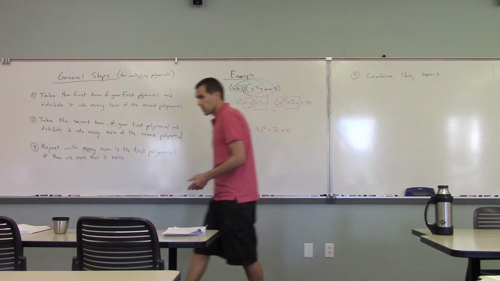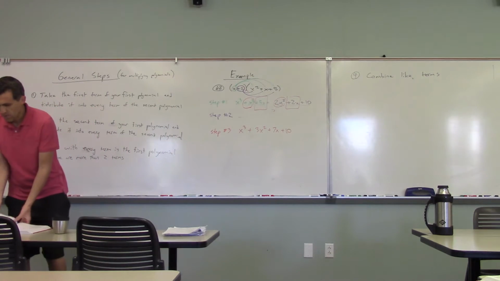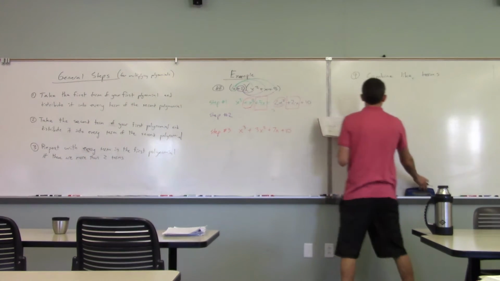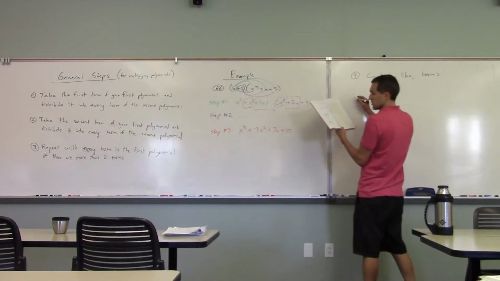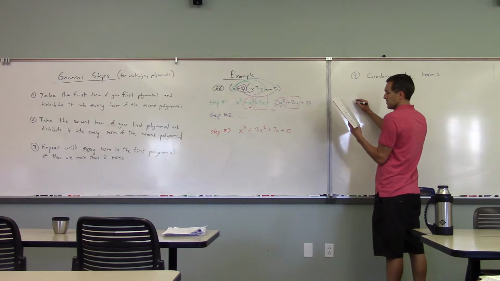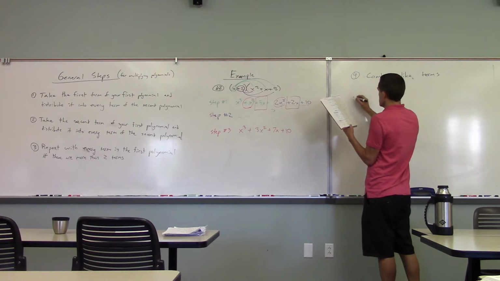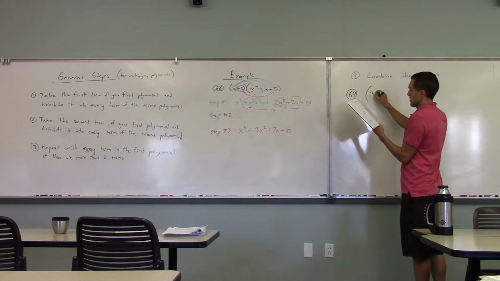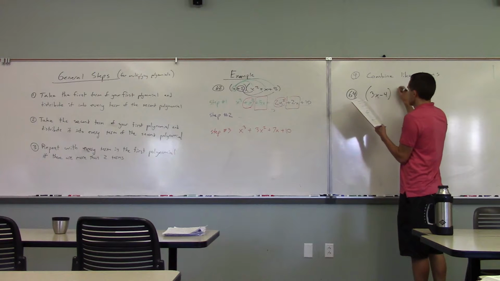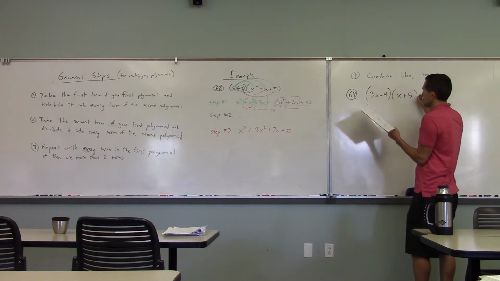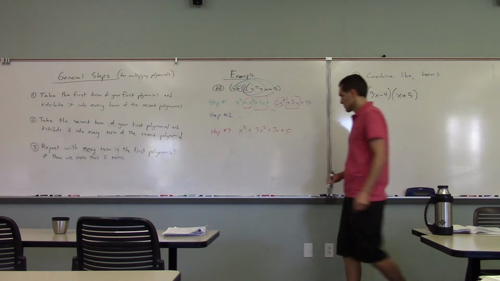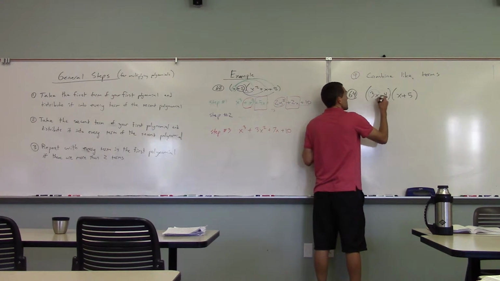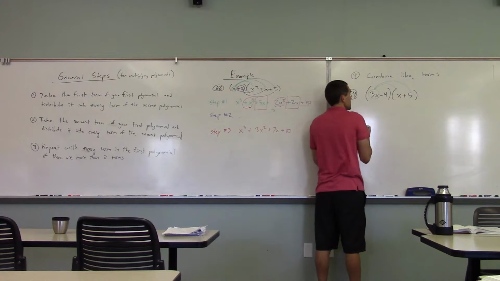Now let's do a problem like that, and then I'll bring something up. So here's another example just like that. Let's do 64, starting out with an easier one. So we get 3x minus 4 times x plus 5. Okay, I'm going to take my 3x, distribute it into each of these.